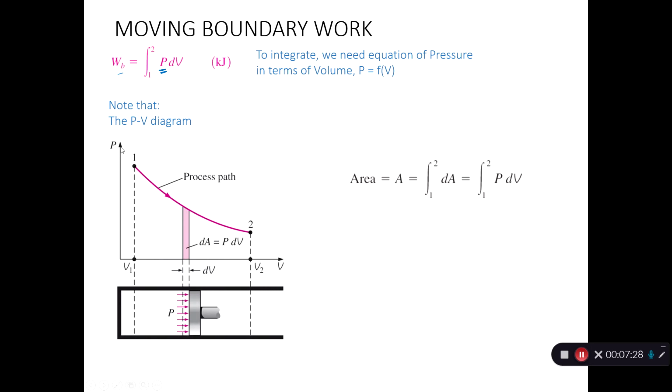And this is the PV diagram. You can see the process happening on the PV diagram. So this is the piston. Let's say the pressure is inside here and it's moving. It's expanding. So what's happening on the PV diagram is the pressure will actually reduce while the volume is increasing.